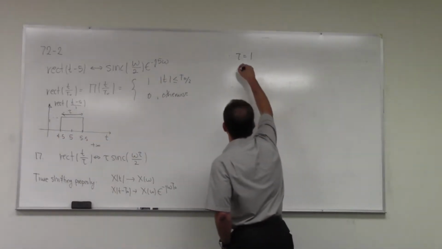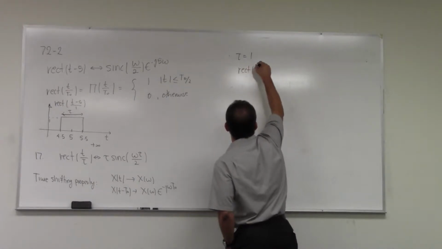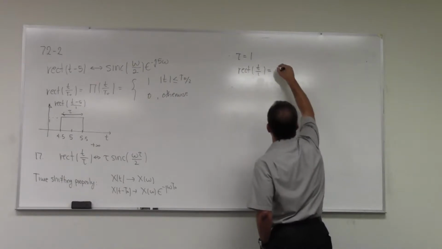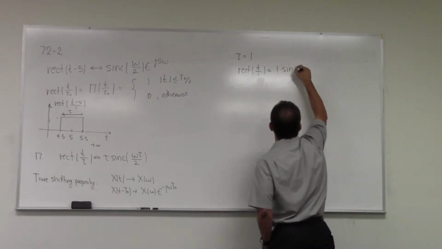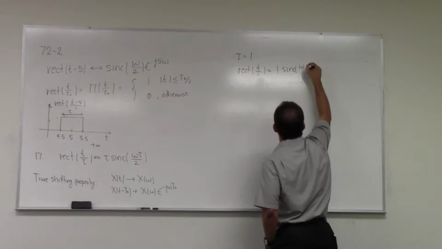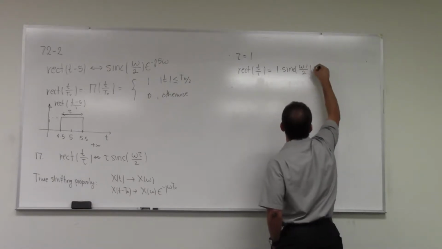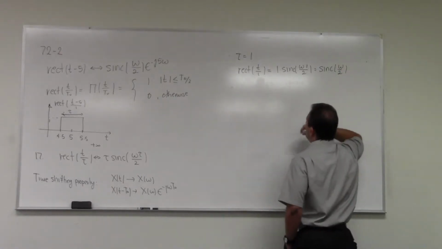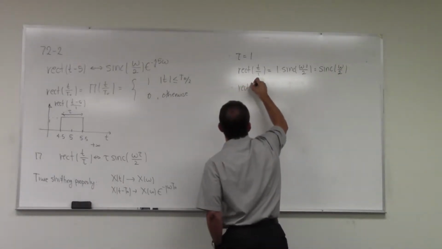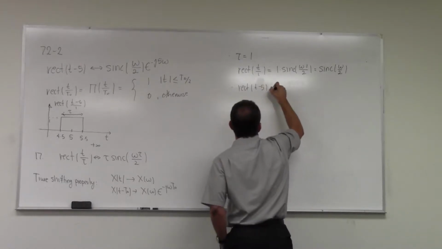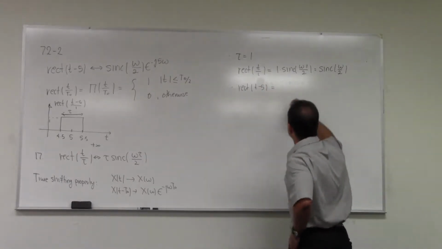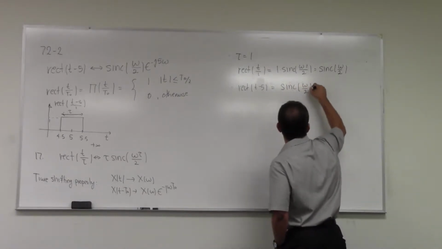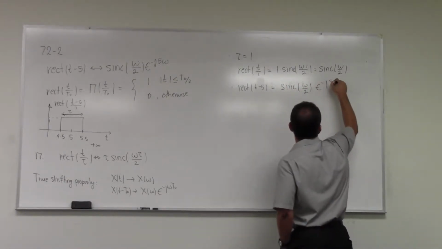So we have rect of t over 1 translates into 1 times sinc of omega times 1 over 2, which is this sinc of omega over 2. And then rect of t minus 5 translates into sinc of omega over 2 times e to the minus j 5 omega.